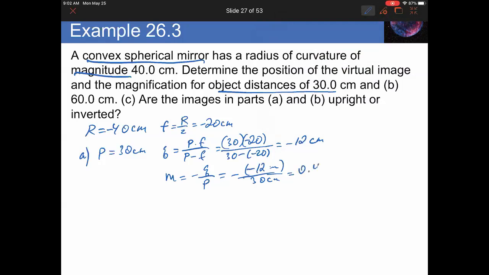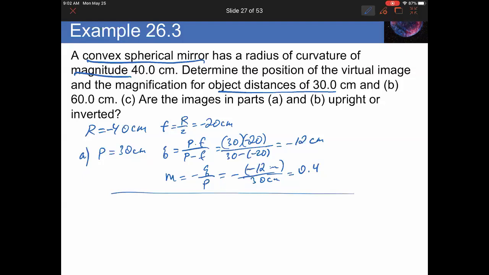And that's going to give me 0.4 for the magnification, because negative, negative cancel each other. So you get positive 0.4, which means it's smaller, only 40% of the object's height, but it's upright because magnification is positive.